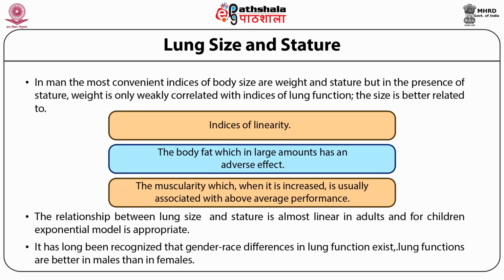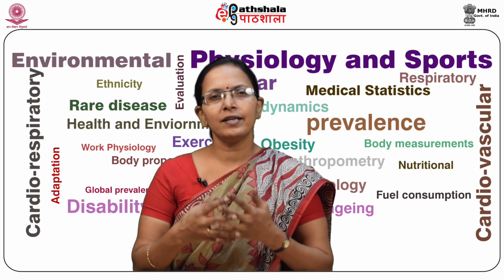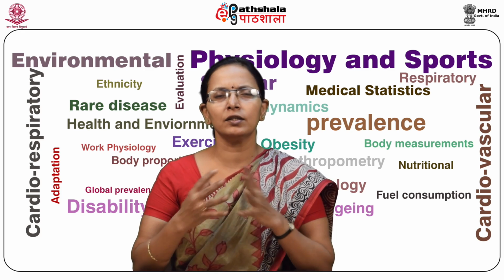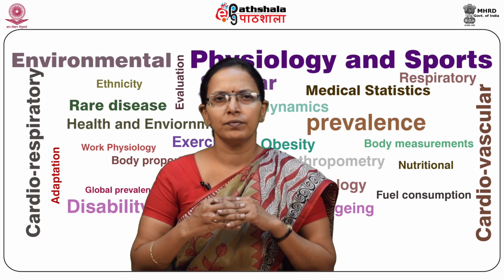It has been recognized that gender and race differences in lung function exist, as lung functions are better in males than in females. Let's have a look at how ethnicity brings variation in lung functions.